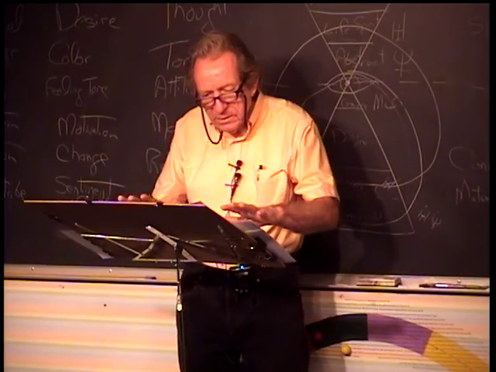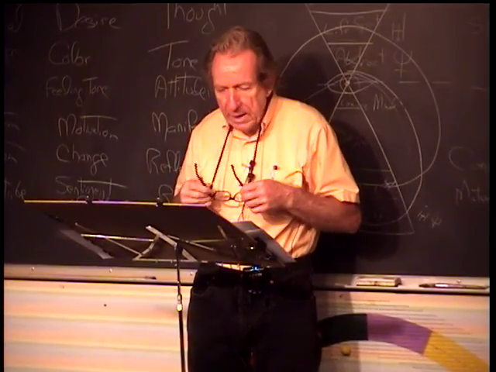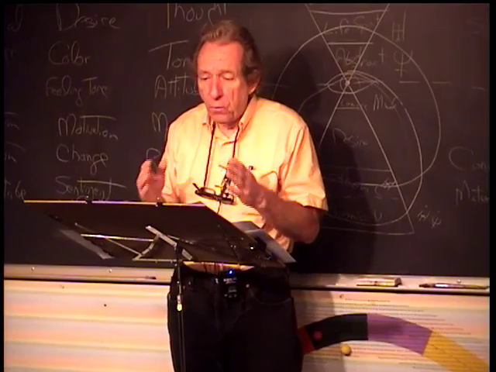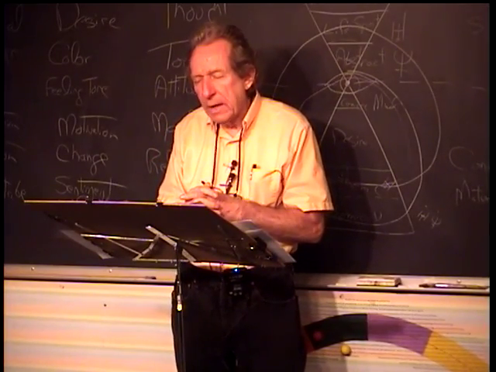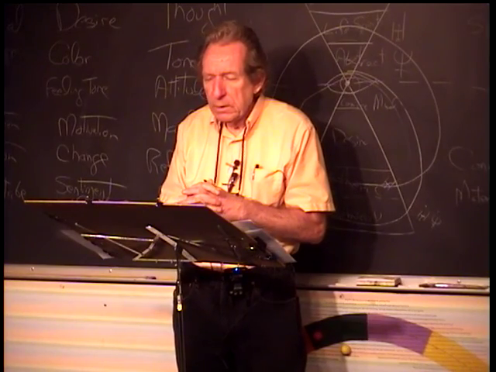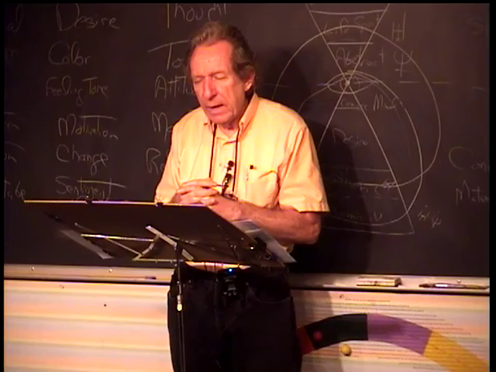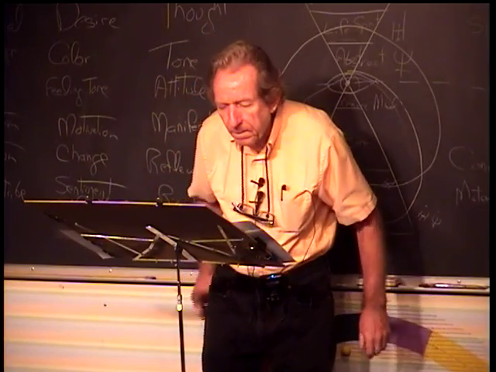All right, now this is the very simple analysis of three aspects. But these three aspects form a pattern. They form a 30, 60, 90 triangle. Saturn is the hinge planet in that it aspects both planets in the opposition.